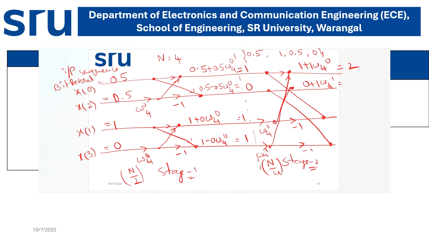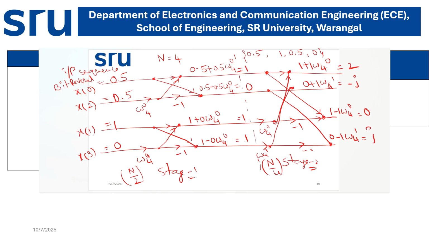What is omega 4 power 1 value? Minus j. 1 into minus j, that is minus j. Then at this node, we have already calculated two additions. Now two subtractions with the same inputs. So 1 minus 1 into omega 4 power 0, that is 0. Next one is 0 minus 1 into omega 4 power 1, that is equal to j.